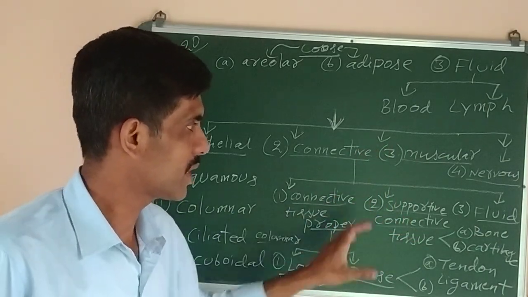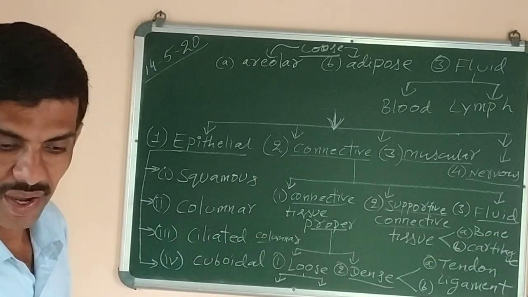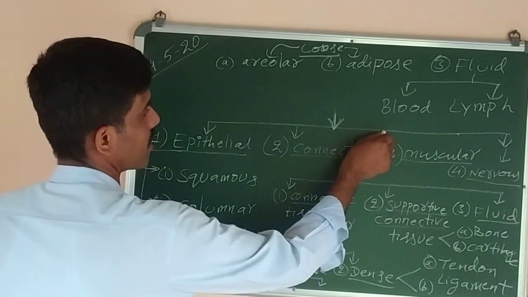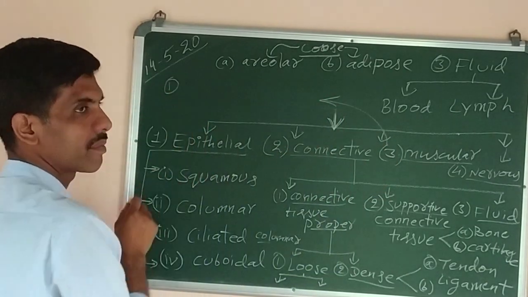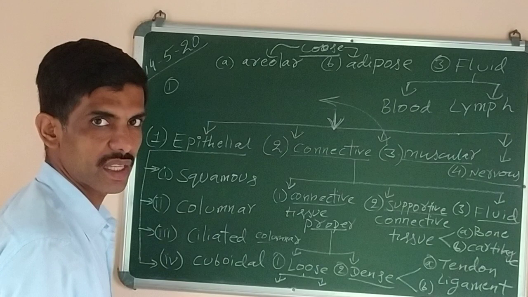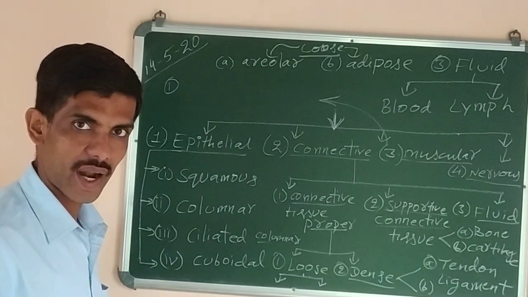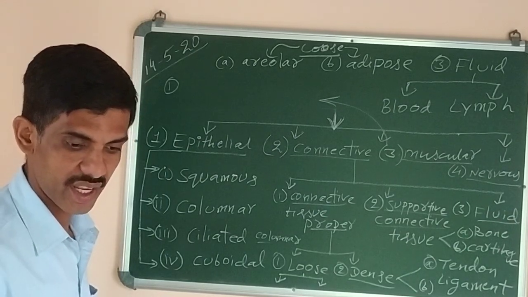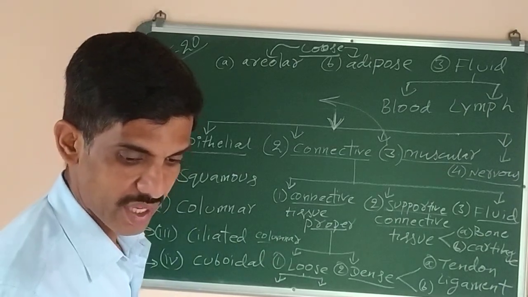Okay, so next we have the muscular tissue. Since I didn't get any place to write here, I will write it here only. Muscular tissue is further divided into three types. What are they? Voluntary, involuntary, and cardiac muscles. This one we have studied. So we can also write striated, unstriated, and cardiac. The spellings you can check.